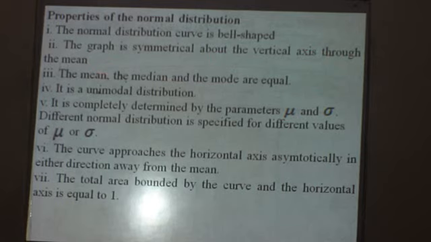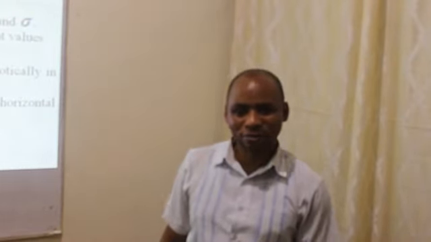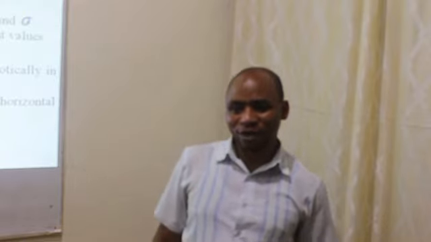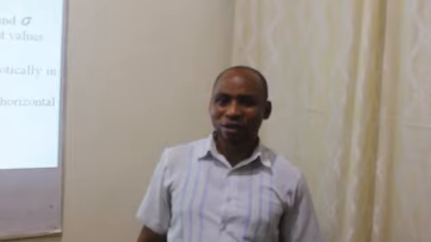Now let's go to the third property. It says the mean, the median, and the mode are equal. If you remember the shapes of histograms, we came to realize that there were 3 different types of shapes. We have the positively skewed, the negatively skewed, and the normal skewness.